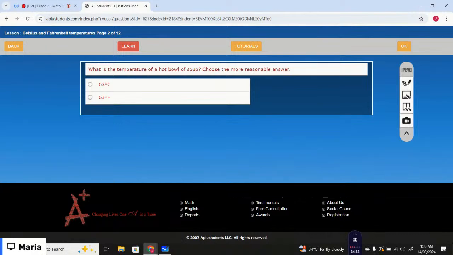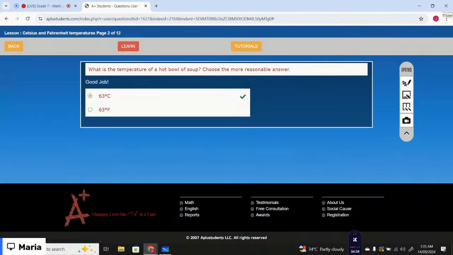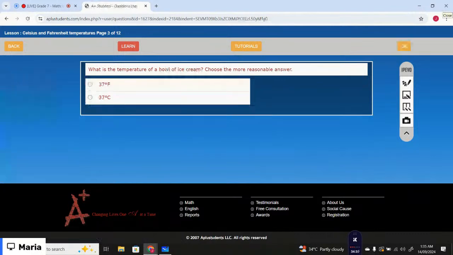What is the temperature of the hot bowl of soup? That is a hot bowl of soup, right? That means the correct option is 63 degrees Celsius. Option number 1 is the correct option, right? Because 63 degrees Fahrenheit is too cold, not boiling. What is the temperature of a bowl of ice cream? Which is the correct option?